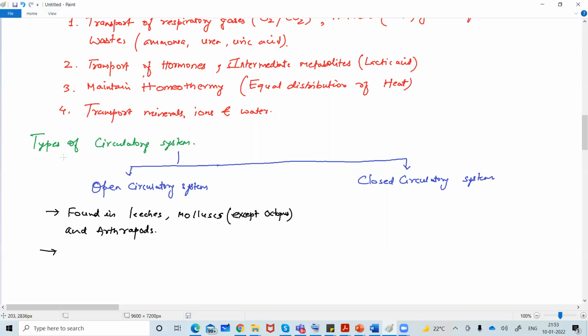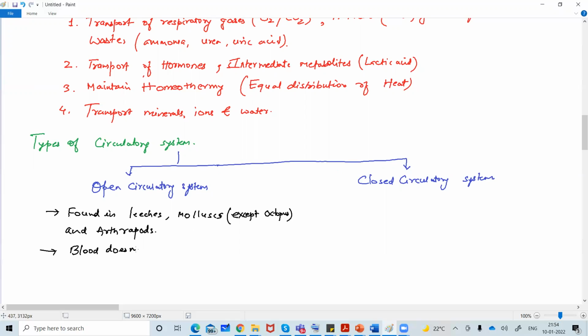So this process keeps on going. Whenever there is a requirement of any nutrients or oxygen, blood will go to the area where it is directly exposed, and then all the things will be exchanged. That's called sinuses or channels.